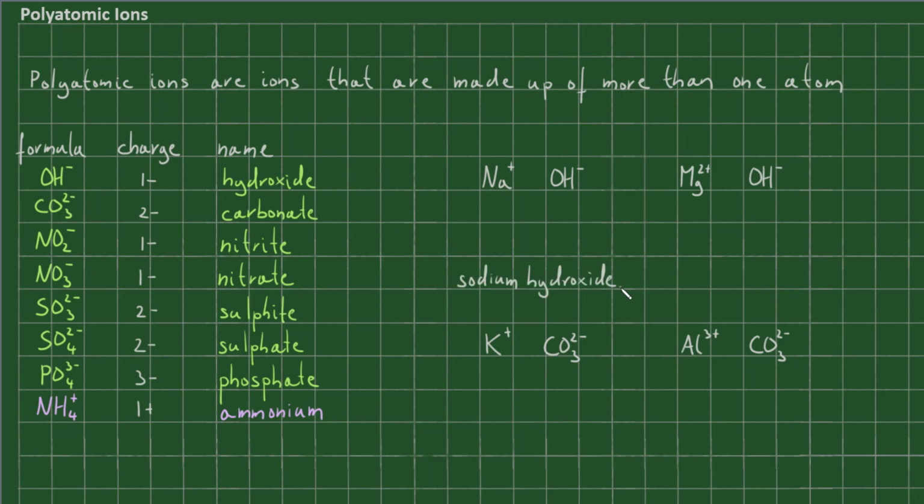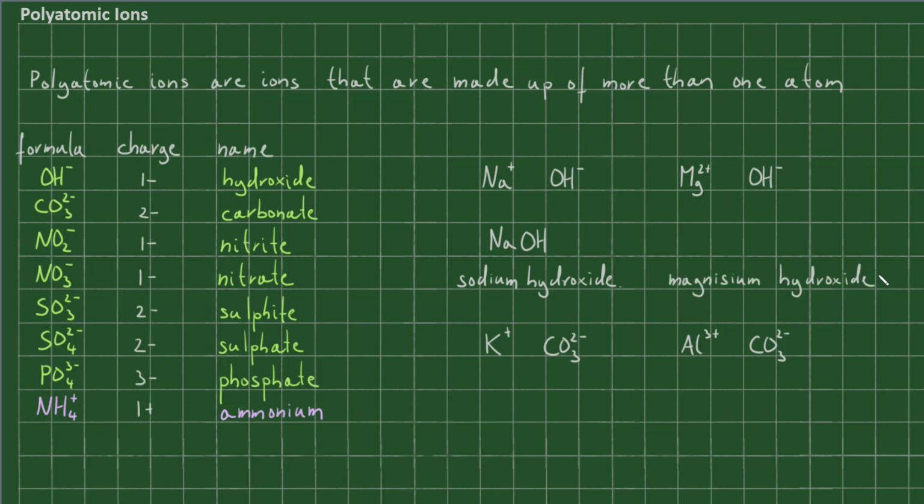Just like before, I'm going to use the crossover method, which means I will have a single sodium because the charge of the hydroxide is 1, and I will have a single hydroxide ion because the charge of the sodium is 1 as well.